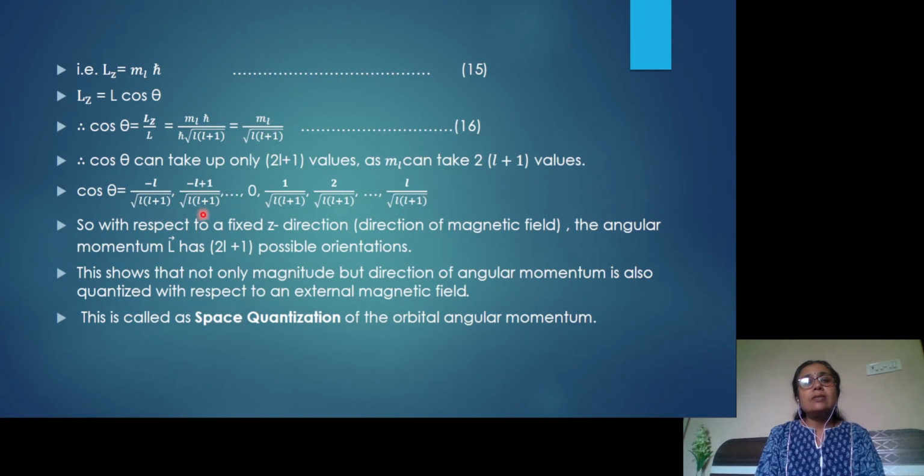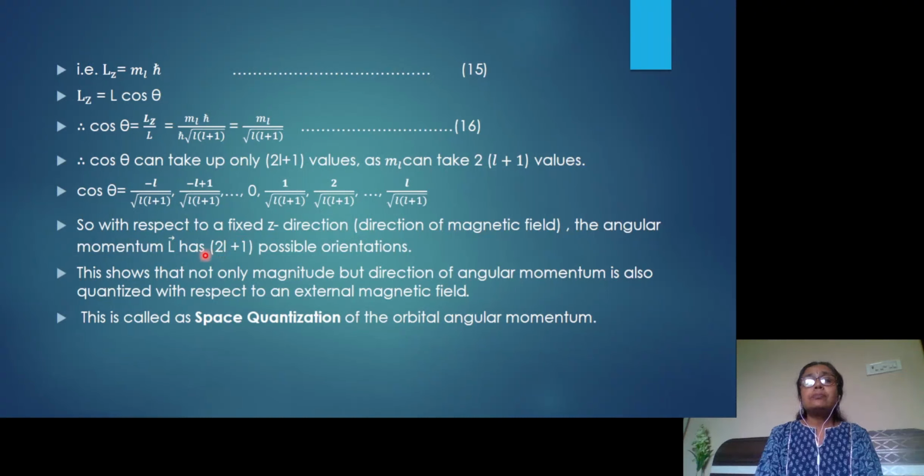So cos theta has these many values, and so with respect to a fixed z direction, which is the direction of the magnetic field, the angular momentum vector L has 2l plus 1 possible orientations, because cos theta has 2l plus 1 values.